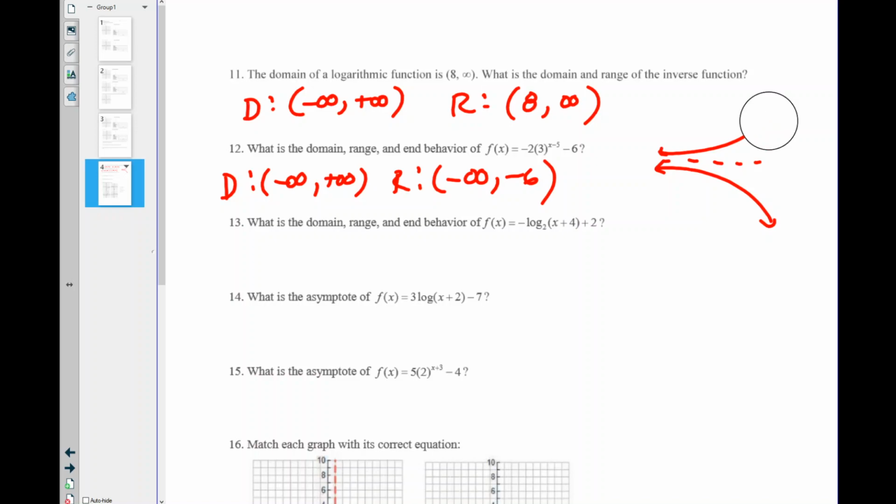And I guess while we have this up, let's just leave it up to help you focus on the last part, which is the end behavior.